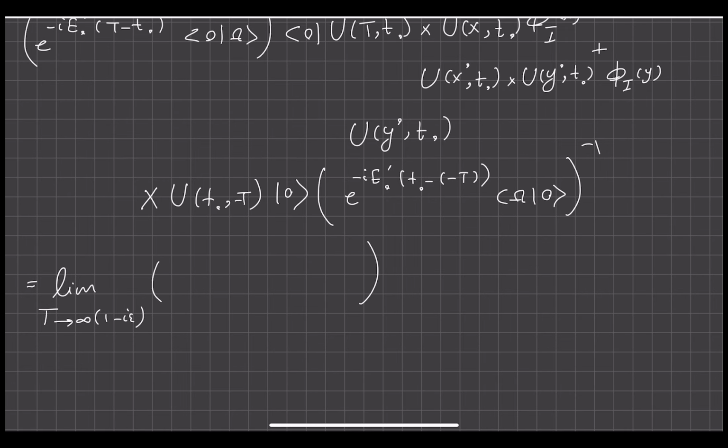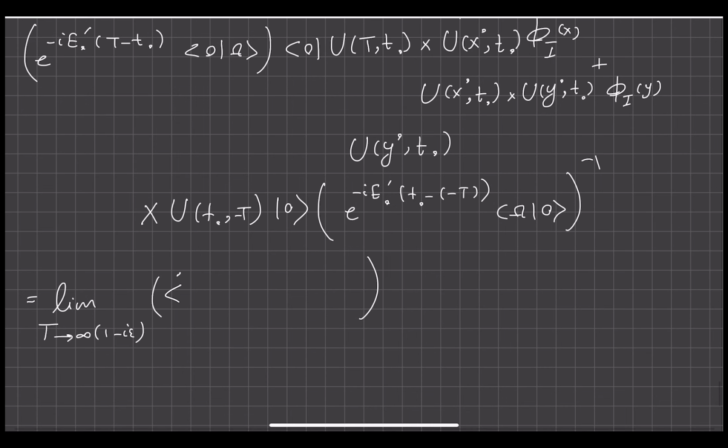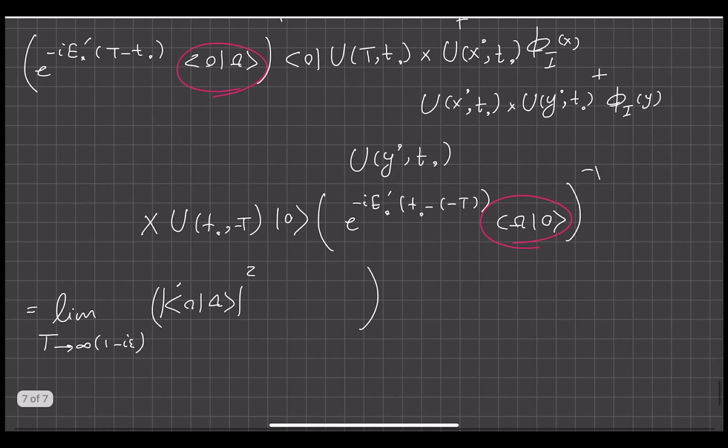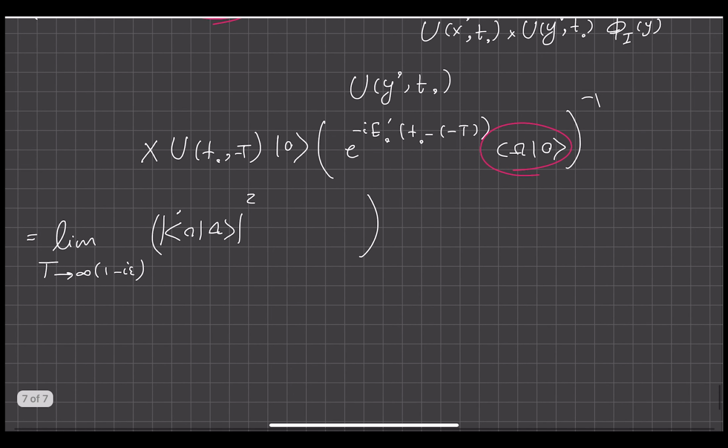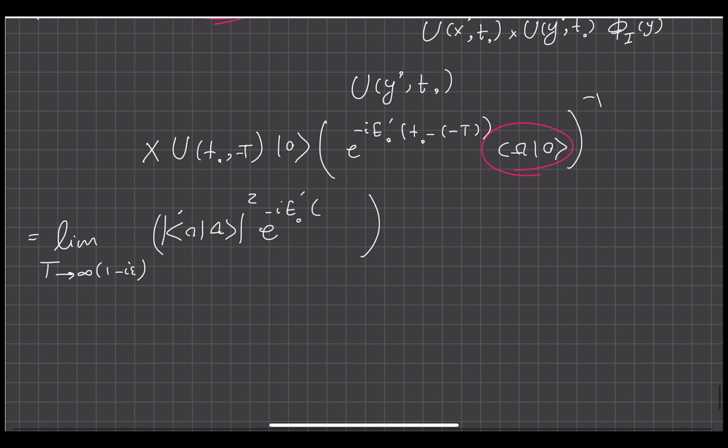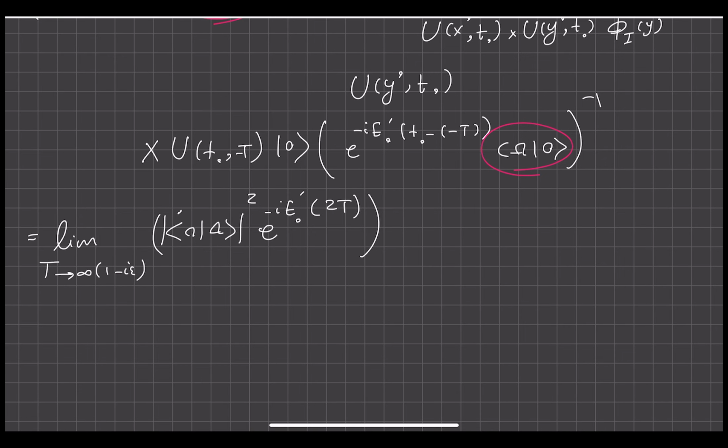Now you have two of these entities, so you have 0 and omega. So you have the absolute value to the power of 2 because you have one here and one here. And then you're going to have the exponential term of minus i E0 prime 2t, because the t0's are going to cancel out. Then you have this power of minus 1.